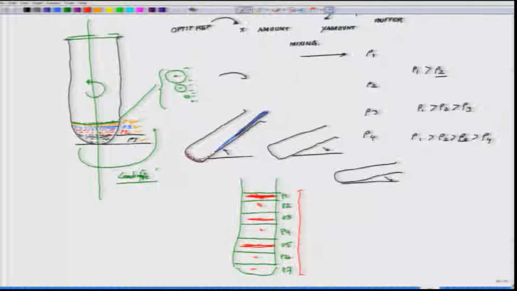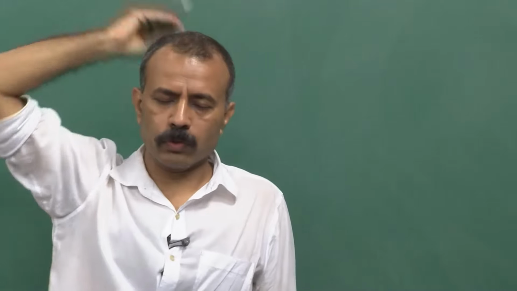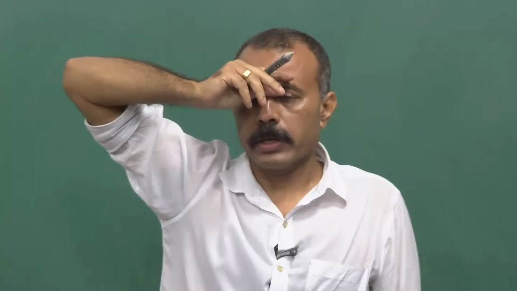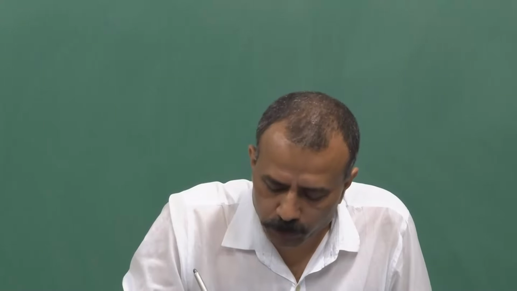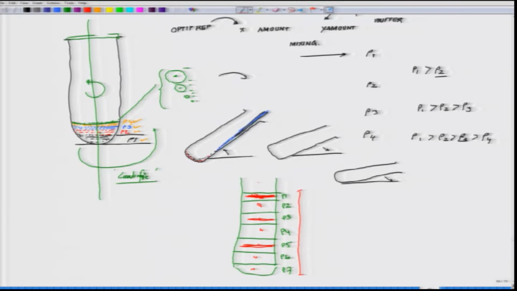Now, you need something very similar to a Hamilton syringe, which is used in biochemistry labs. It's not really a Hamilton, but something of that sort, where you bring it close in, and you have to pull out that band in a separate test tube.